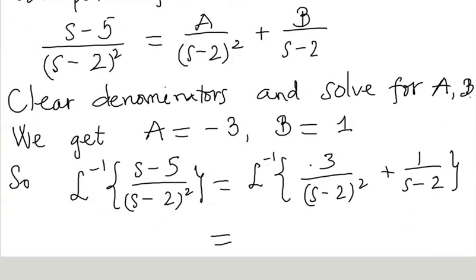I'm going to put that. So we get minus 3, and this is x e to the 2x. The other one is e to the 2x.